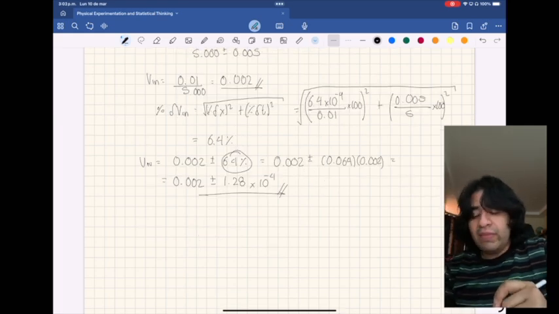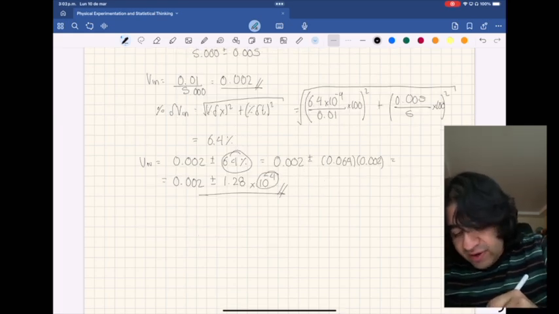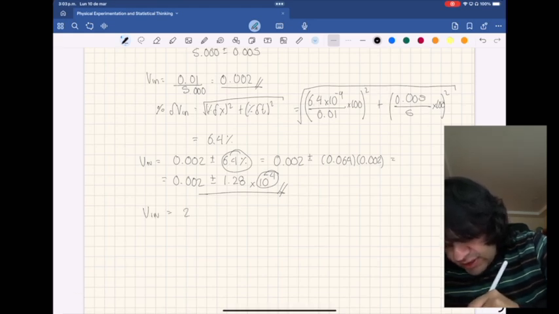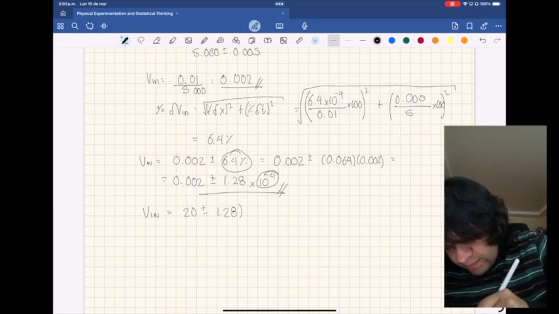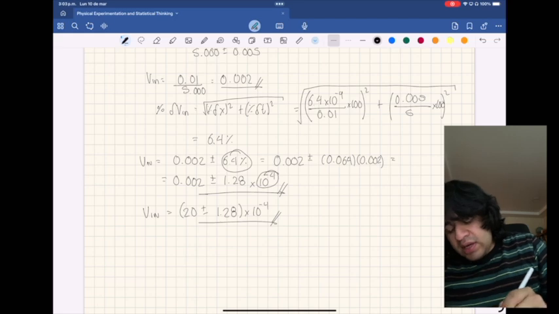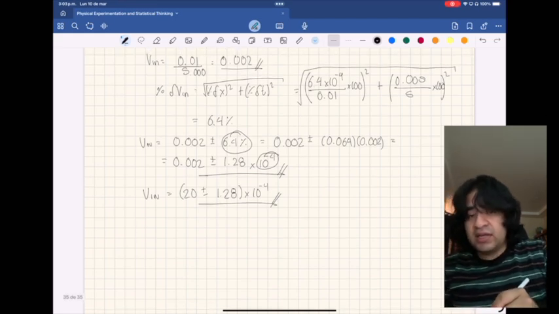Now, to match the same power that we have here, we write again our equation as 20 plus minus 1.28, all of this times 10 to the power of minus 4. And this is our new value for the inlet velocity in the Marriott's bottle.